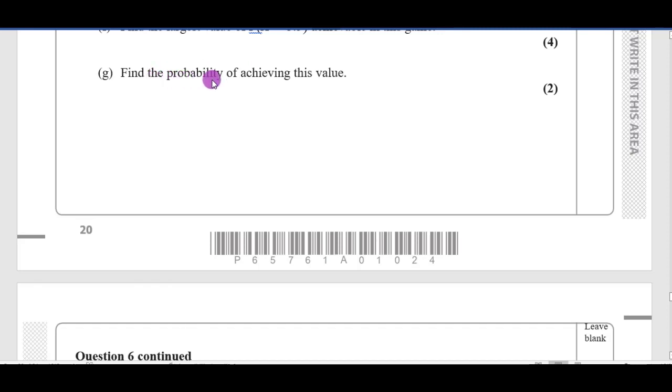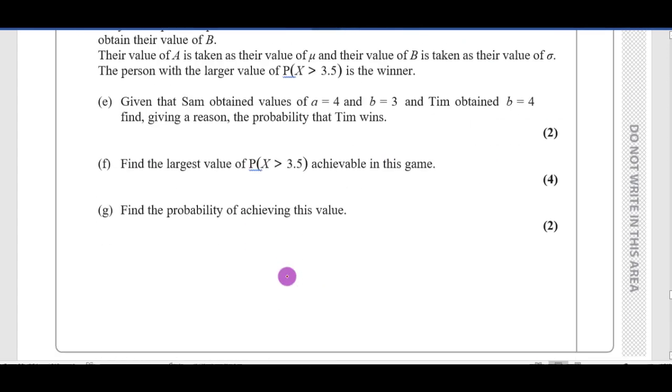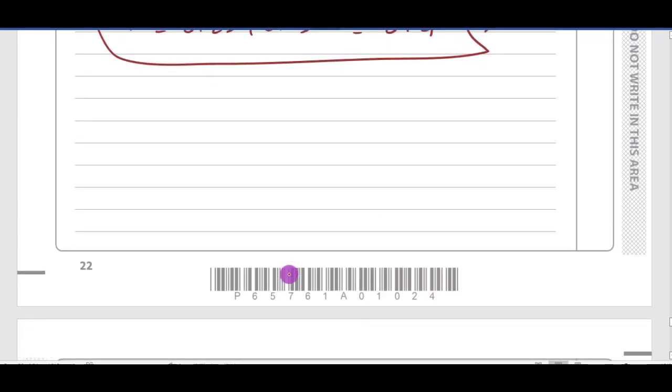The last, find the probability of achieving this value. To answer this question, this is the table for both A and B. So when A is equal to 7, the probability is 0.15. When B is equal to 1, the probability is 0.25. So to achieve this value, the probability is equal to 0.15 multiplied by 0.25. This is the last question.